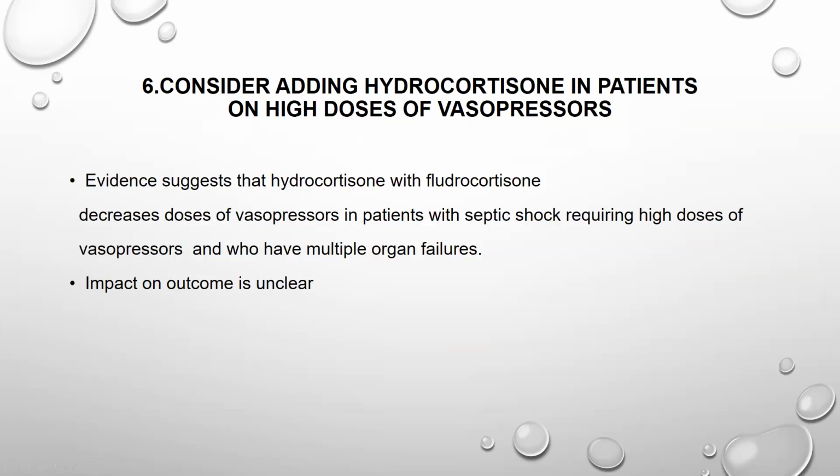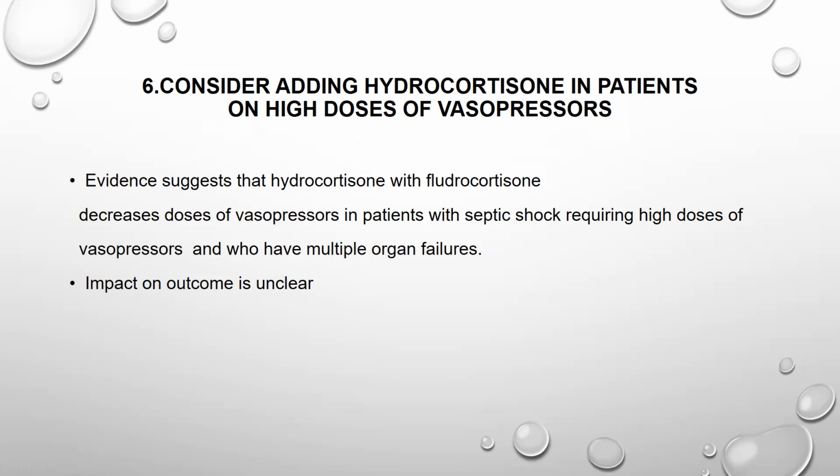Then the sixth tip: consider adding hydrocortisone in patients on high doses of vasopressor. As we know, the algorithm of the septic shock guidelines says that if you use 2 inotropes and your patient still did not reach the goals for your therapy, you have to add hydrocortisone. The theory behind that, I think everybody knows, is that they postulated that these patients have adrenal insufficiency.